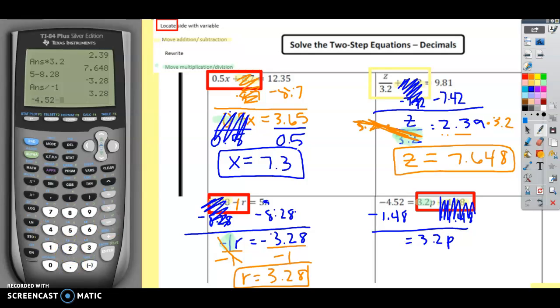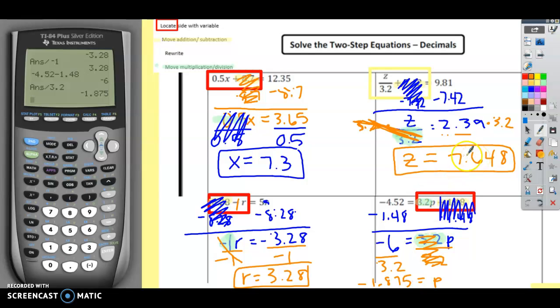Using the calculator for our calculations, you get a -6. Then from here for the second step, if you remember I said this was multiplying, 3.2 times p. So our opposite operation would be to divide. We have -6 in our calculator. We divide it by 3.2. Get -1.875. So those are your 4 examples for today.